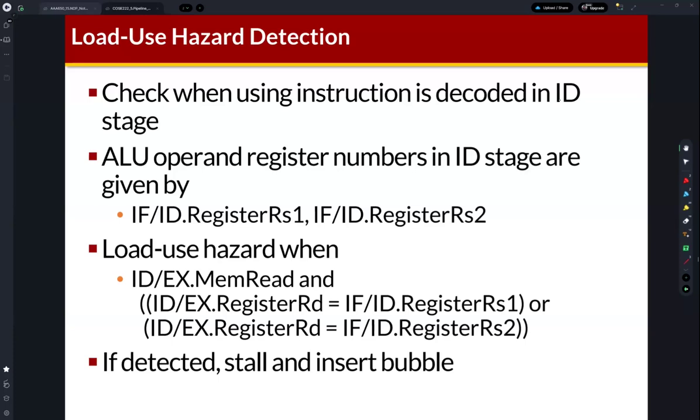So it cannot be used, because the load instruction generates its result later than the EX stage of the next instruction. So the next instruction needs to be delayed by one cycle, and our pipeline CPU needs to support this operation. So it's a data hazard.